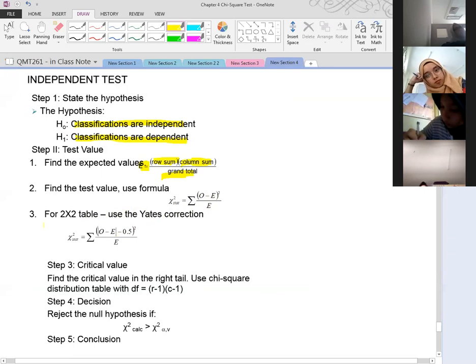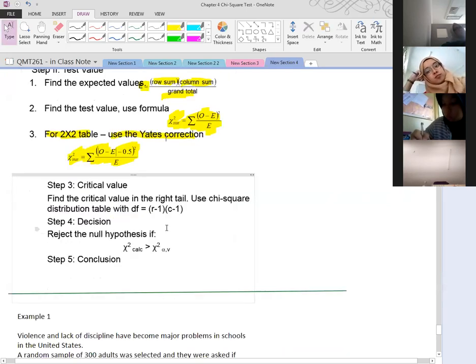If you have a 2 by 2 table, you need to calculate the chi-square using the Yates correction. Yates correction means the absolute value of observed minus expected, minus 0.5, squared, divided by expected. So this is the formula for Yates correction. It is only applicable when you have a 2 by 2 table. If you have a larger table, you should use the normal Pearson chi-square test.